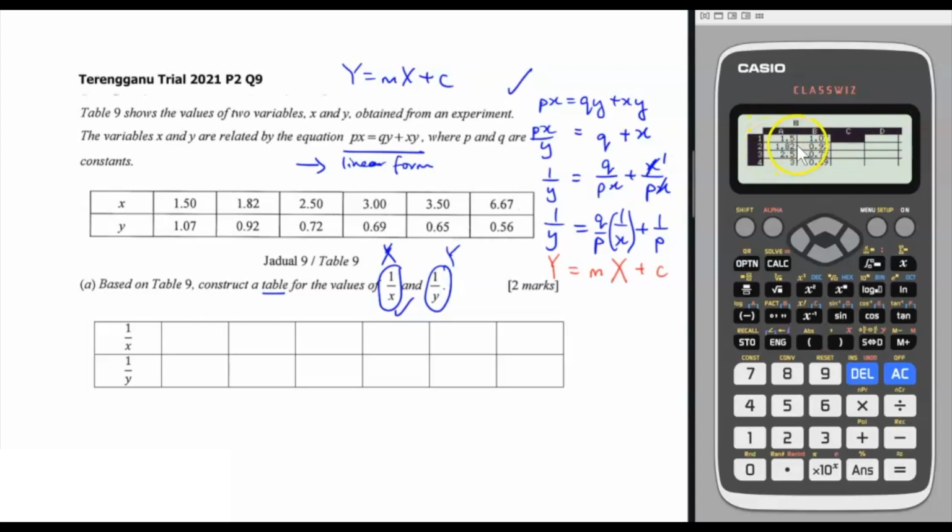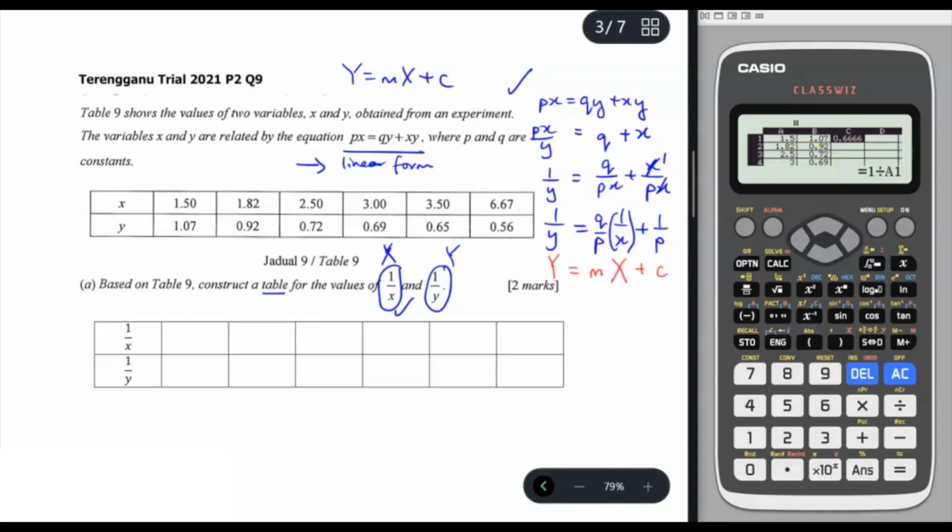So you go to Option, press 1, Fill Formula, and then you press 1 divided by A1, so alpha A and then 1. Okay, equals again. So you get 0.6666. So we round to 2 decimal places, and then we write in the table given, which is here, 0.67.